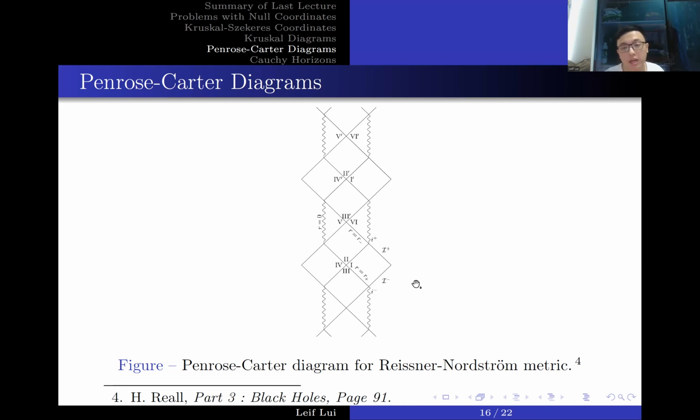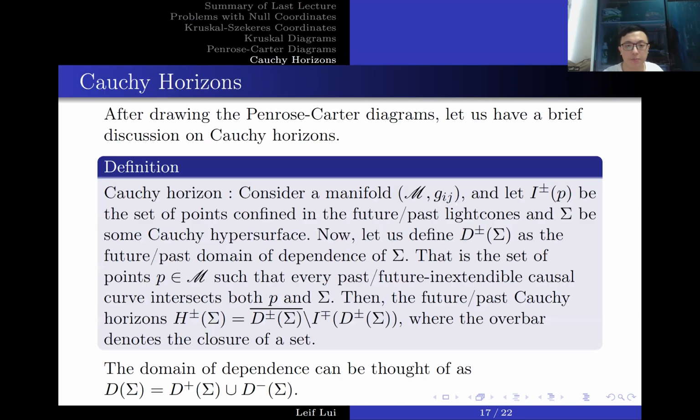In principle, you should only take regions 1, 2, 3, 4, and this region seriously, because the other regions are essentially unphysical, because they are obtained through analytic continuation and spherical symmetry. But this way of analytically continuing the Penrose diagram is not unique, and basically we can say this is not physical.